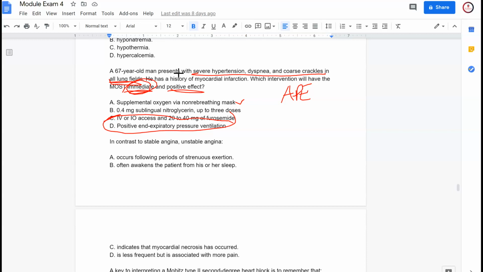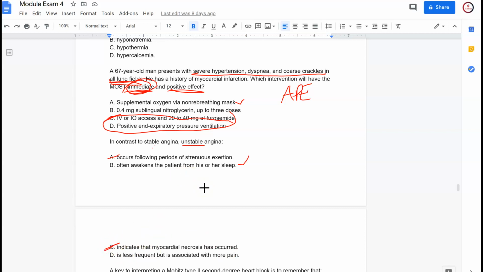In contrast to stable angina, unstable angina occurs following periods of strenuous exertion. Now that's stable angina, that does that. Awakens a patient from his or her sleep. Yeah, that's up there. Indicates that myocardial necrosis has occurred. No, it's just injury, right? We could still potentially fix it.